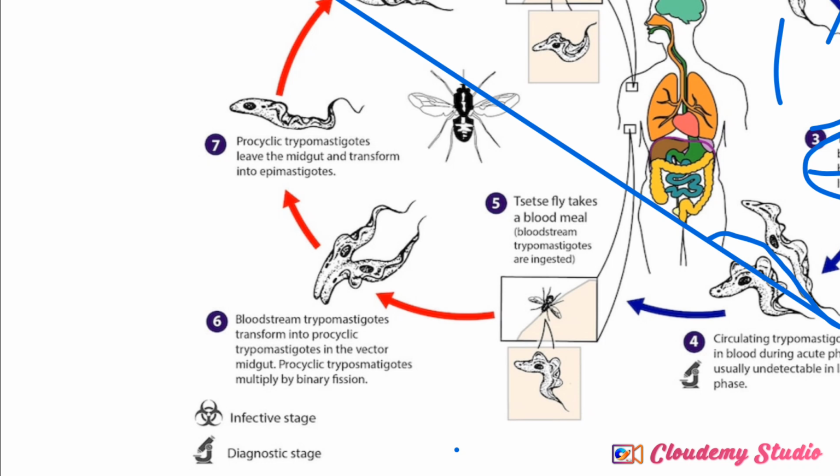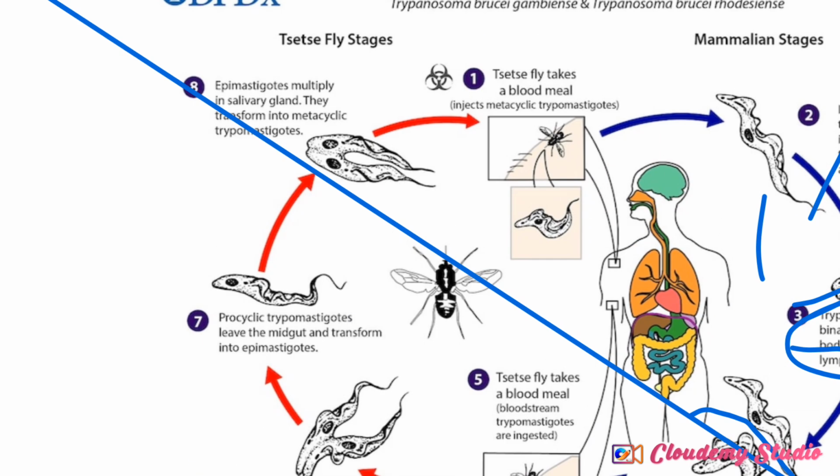When they enter the tsetse fly, they divide into two again, and keep multiplying in the salivary gland of the fly and transform into metacyclic trypanosomes, which are then transferred back into another human.